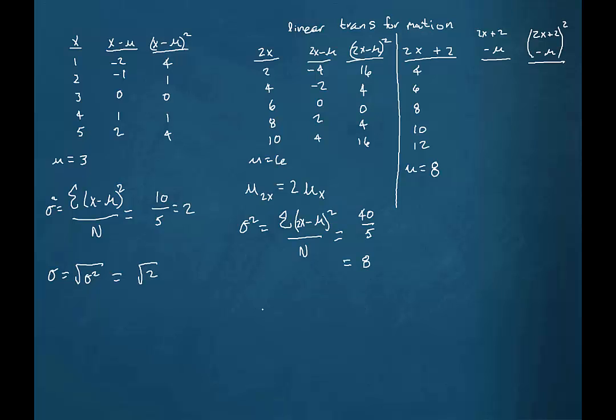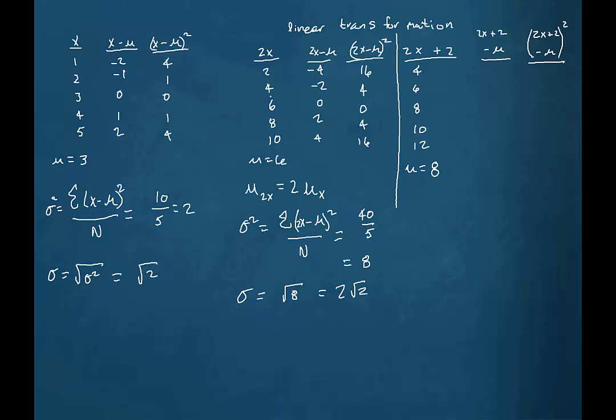Now, let's find the standard deviation. So the standard deviation is going to be the square root of 8, which we can write as 2 times the square root of 2. And that's interesting then. The standard deviation was twice the original standard deviation.